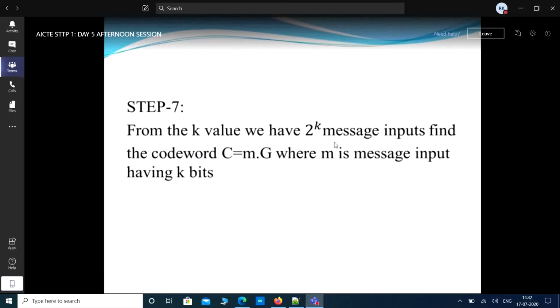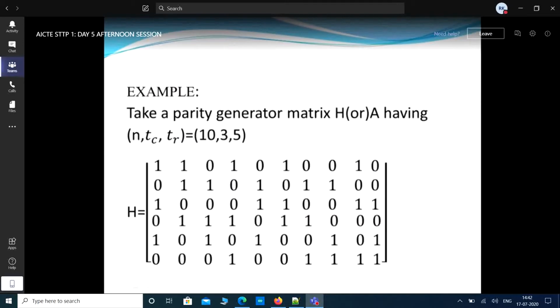Each message block is multiplied with the generator matrix, and it is equal to the code word, C is equal to M into G, where M is the message input, K is the number of information bits and G is the generator matrix. So these are the steps for designing an LDPC encoder.